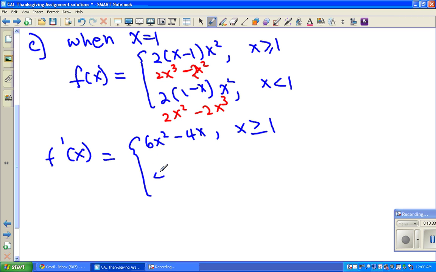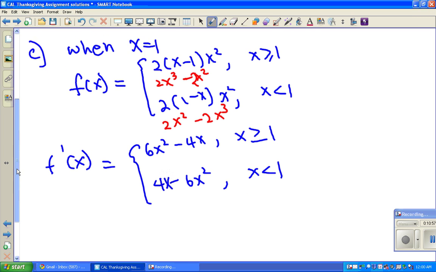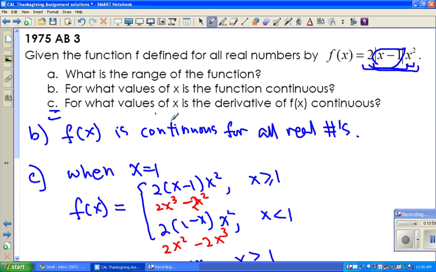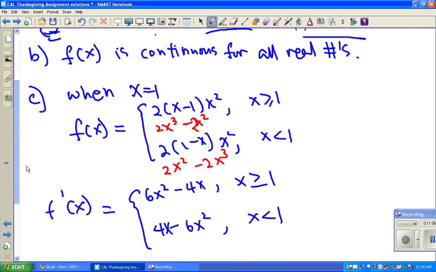On the other hand, at the bottom we get 4x minus 6x squared when x is less than 1. Now, is this continuous when x equals 1? That is the question for C. So let us try to answer that first.